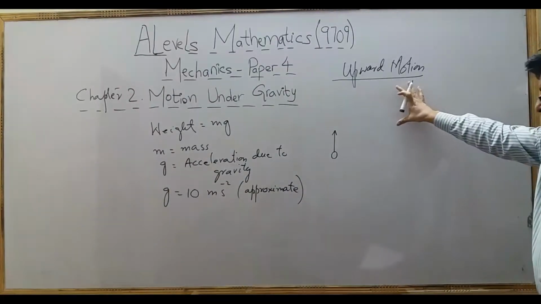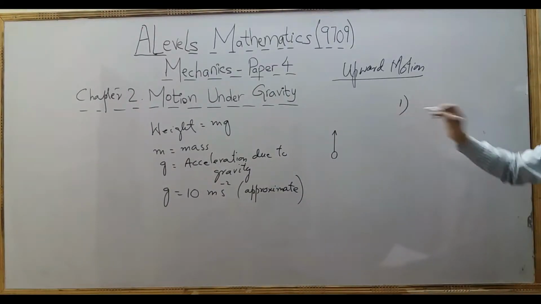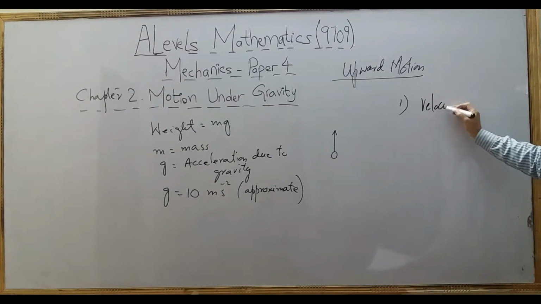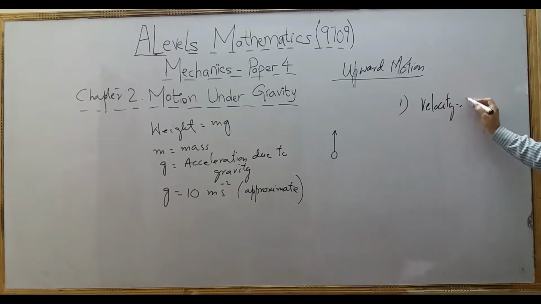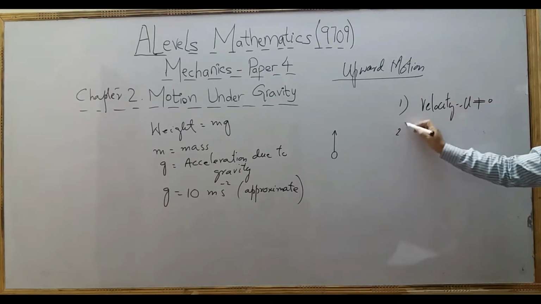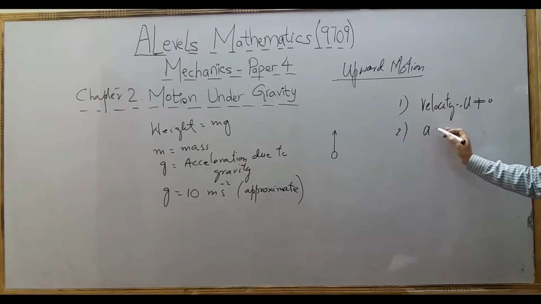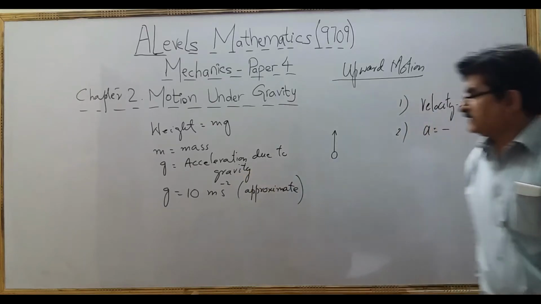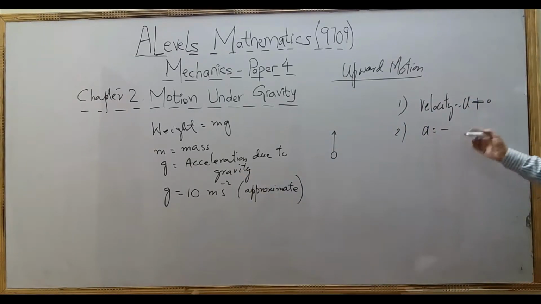Now for upward motion, you have to keep 3 points in mind. Number one, initial velocity, say u, is not equal to 0. Second, the value of acceleration we will take, we have special notation for this acceleration g, but we also write a. So it is minus 10 meter per second square.